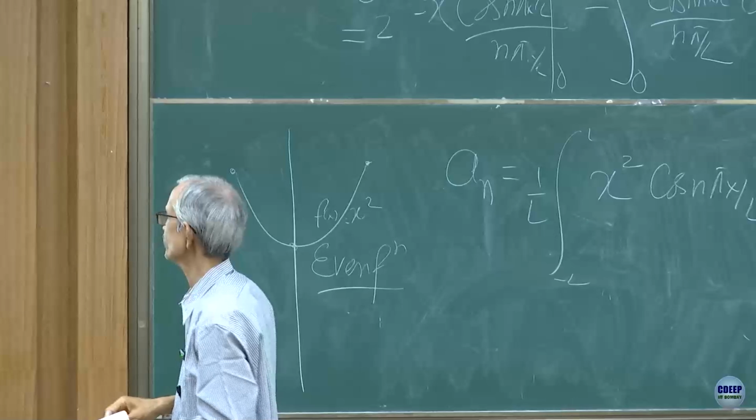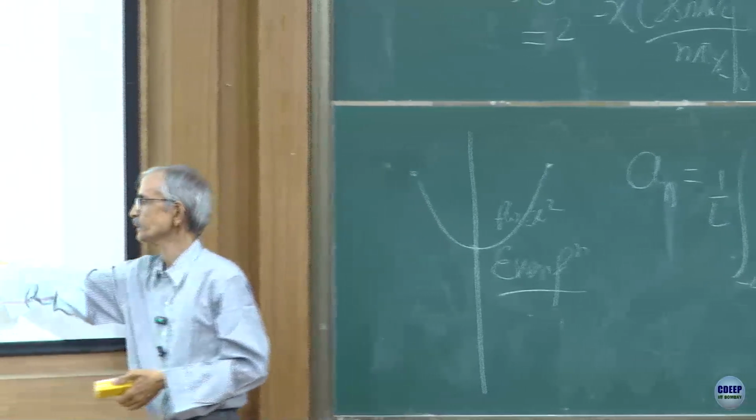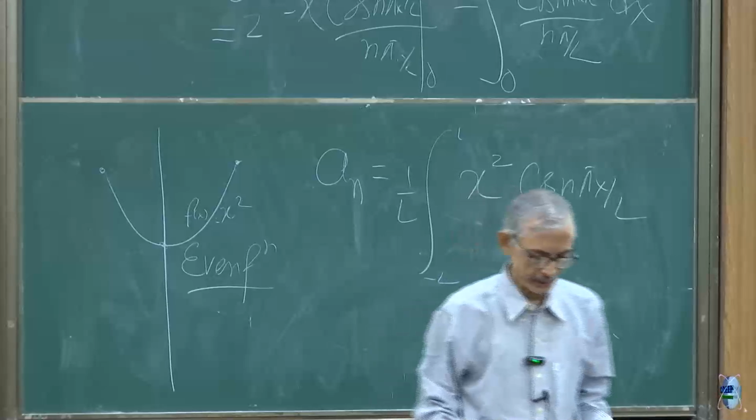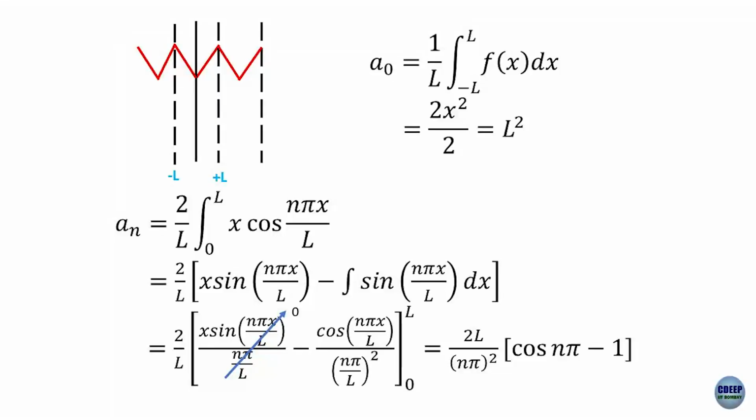I don't want to do it. All the algebra is given up here. You can go ahead and come up with the final value. Okay. So the algebra you are expected to be able to do. This is one last example, which is also an even function.